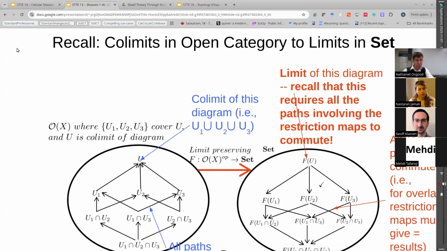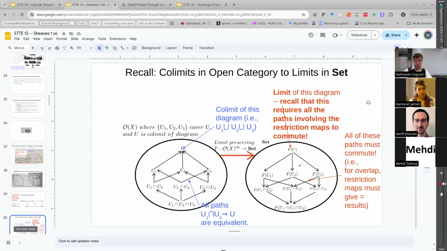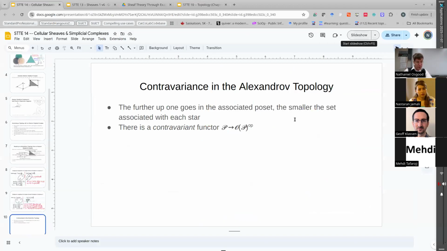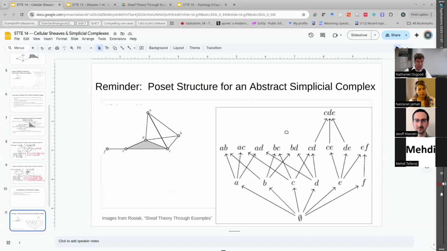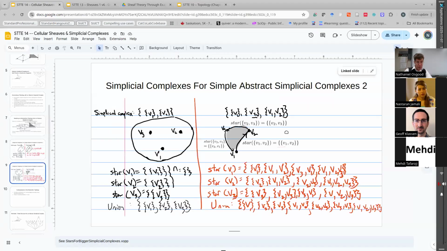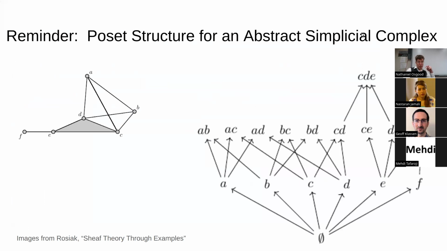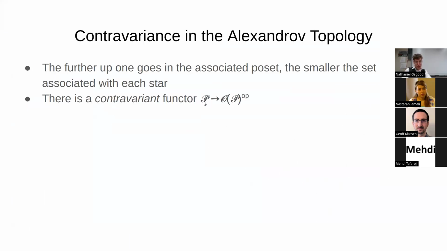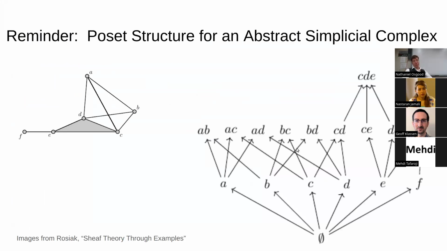Okay, so now let's come back to our cellular sheaves. So let's consider this. With an abstract simplicial complex, we have a poset. That's what P is here. This is a poset of face relation, right?